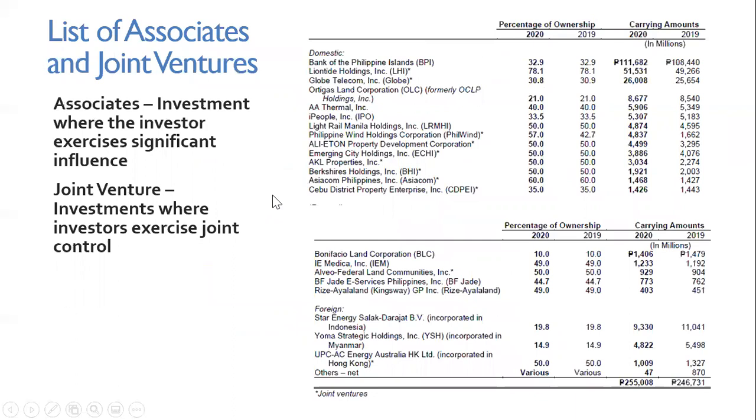Okay? Ito yon. Okay? So, ang BPI, associate lang yan ng Ayala Corp. Kasi they only own 32.9% of that company. Globe Telecom, associate lang yan ng Ayala Corp kasi 30.8% lang ang ownership. No, ano pa bang sikat dyan? I think yan lang yung sikat.